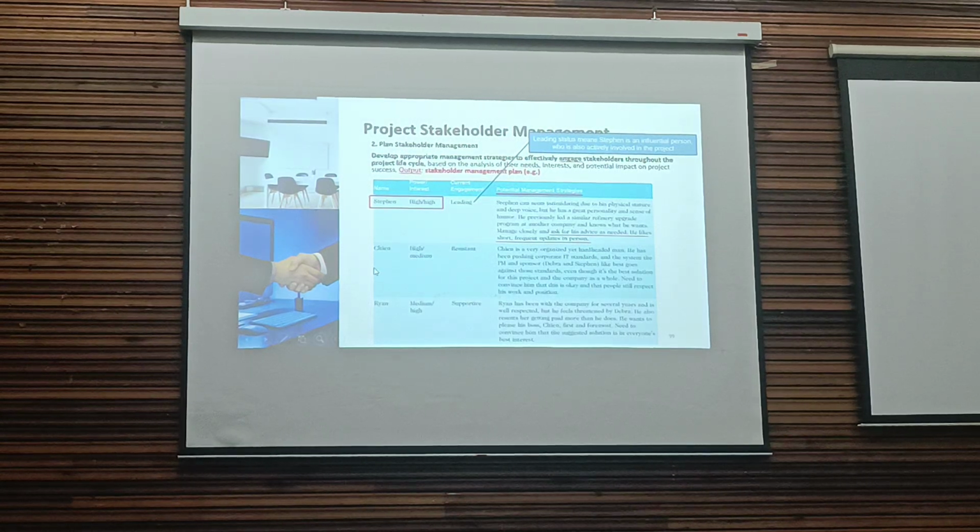So when you are working on a project, you also need to know the proper way to engage with the person. This one, power high, interest high, job position also high. Whenever you want to brief him, it must be short.